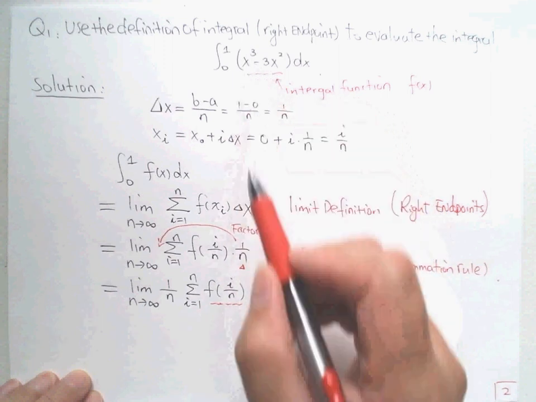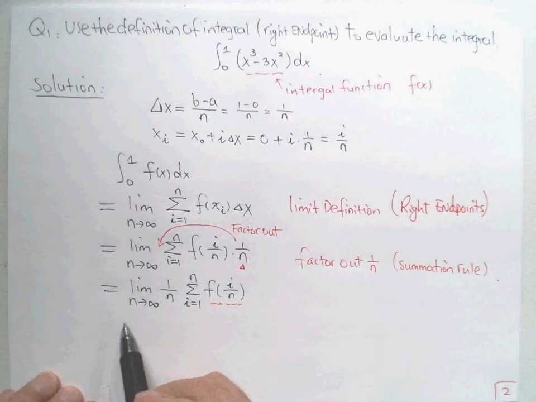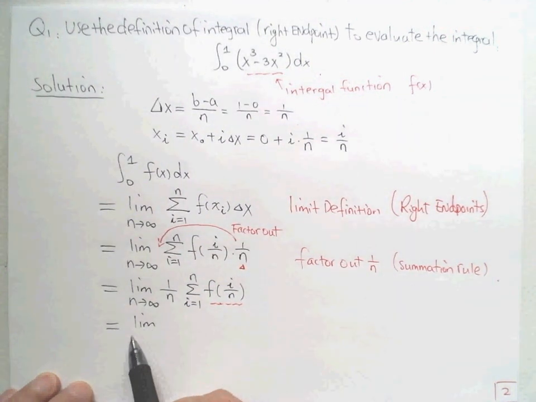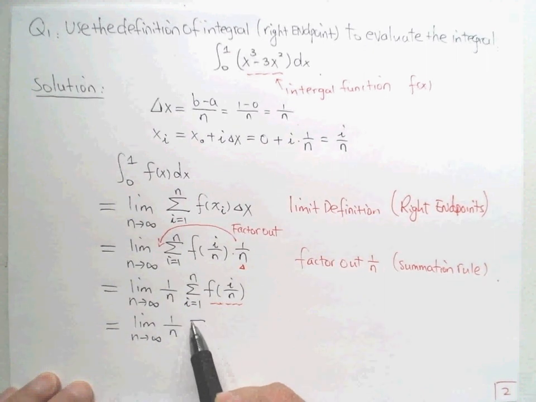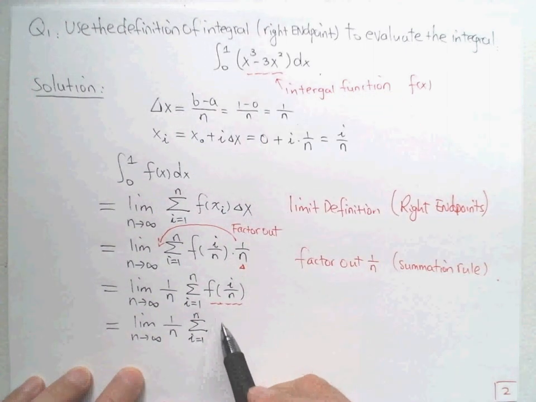We plug in x and find the notation is a little longer: the limit as n approaches infinity of 1 over n, still here, then the sum from i equals 1 to n. I plug in the function. Should we get this?